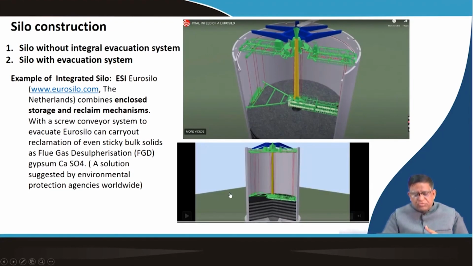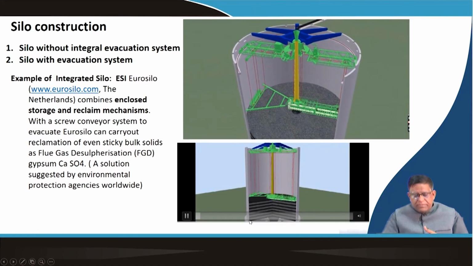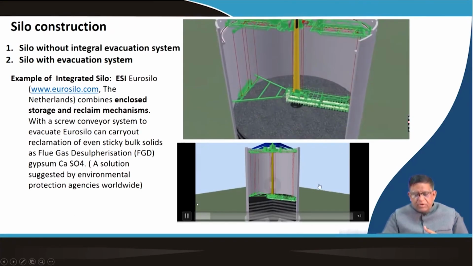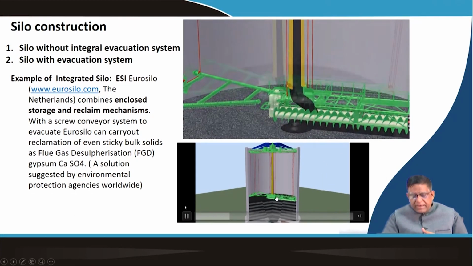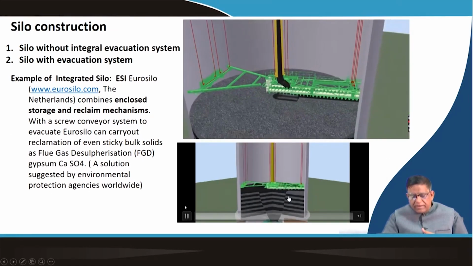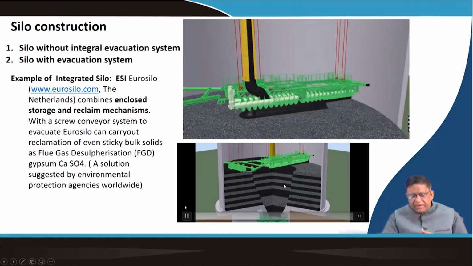And another thing is that for evacuation, you can see that the evacuation takes place from the lower part. If you see the lower diagram here, this is funnel flow: the gate is opened and the material is dropped from here.